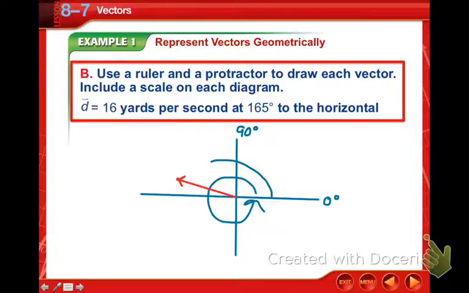There's our vector, 165 degrees, using our circle. So when it says to the horizontal, that's what it's meaning. It's almost to the horizontal, but not quite there. 180 would be our horizontal, right?